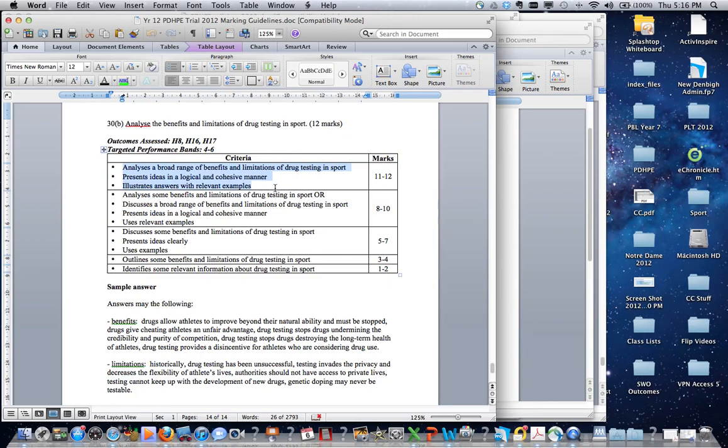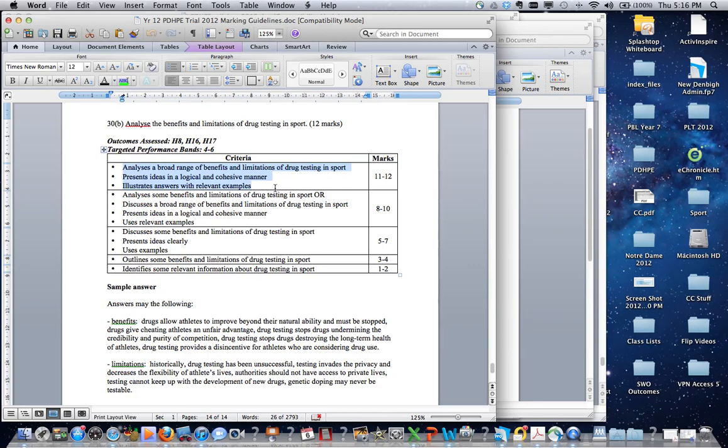They made a decision about whether or not they thought benefits outweighed the limitations, or the other way around. Some boys decided that limitations of drug testing outweighed the benefits and argued that way, but you needed to look at both benefits and limitations of drug testing in sport, and then with that make a discussion based on what those limitations were and what the implications of those limitations were.